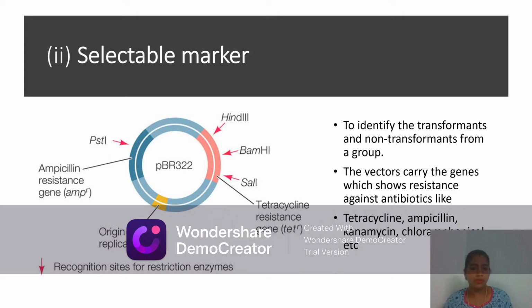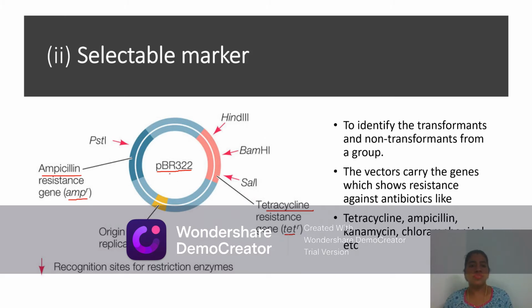You can see here pBR322, the exclusive vector I told you about. Its selectable markers are antibiotic resistance genes. Can you see here? Ampicillin and tetracycline are the most important antibiotics. This particular vector carries the antibiotic resistance genes AmpR and TetR.